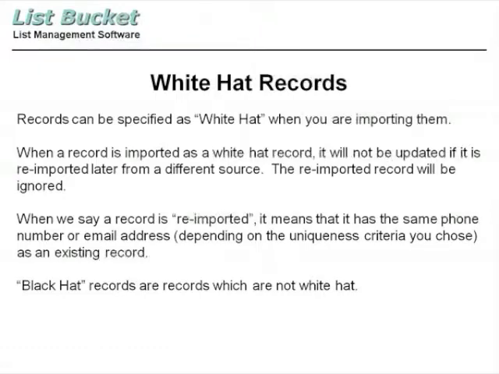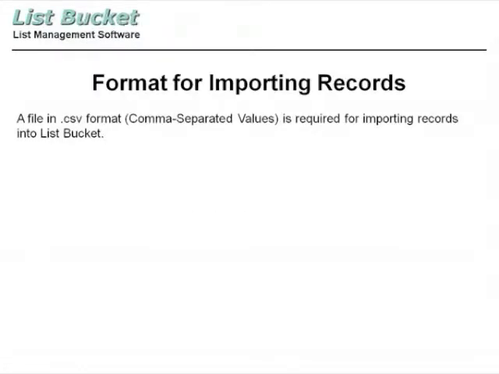We will use the term black hat to refer to records which are not white hat. Also, in order to import email and phone records into the application, those records must be in a .csv file.